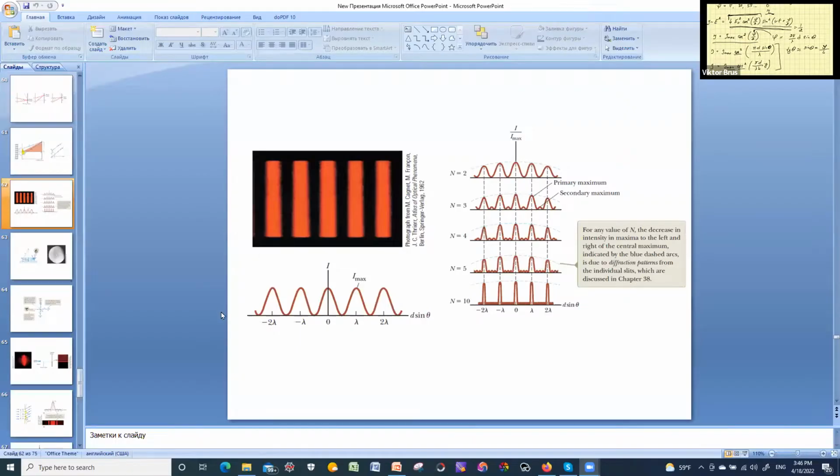So that is the pattern of light intensity distribution along this viewing screen. We have a periodic function which goes from 0 light intensity to some maximum which corresponds to this I maximum in our equation.